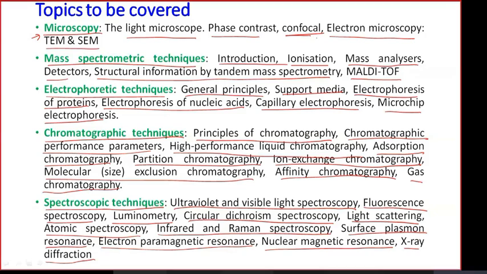So I need to touch on fluorescence microscopy and all these things. So before getting into microscopy, I would like to talk about the spectroscopic techniques first. So first I will be discussing what the different spectroscopic techniques are.